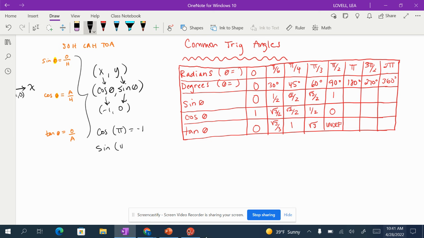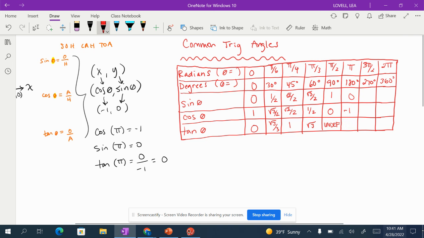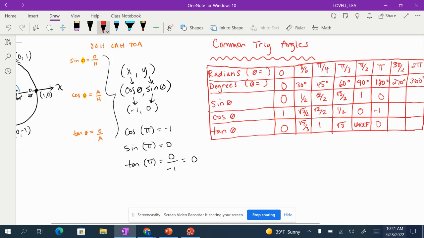The sine of pi is 0. The tangent of pi is equal to sine over cosine, and that's going to be 0. So at pi, the cosine of pi is -1, the sine of pi is 0, and the tangent of pi is 0.